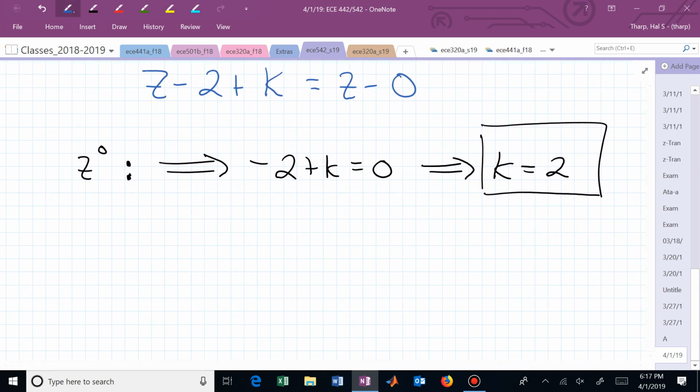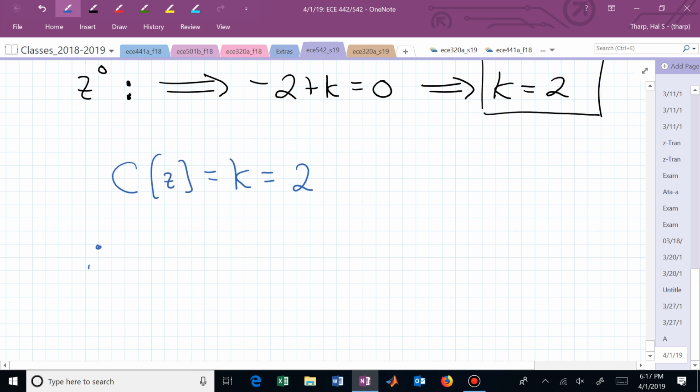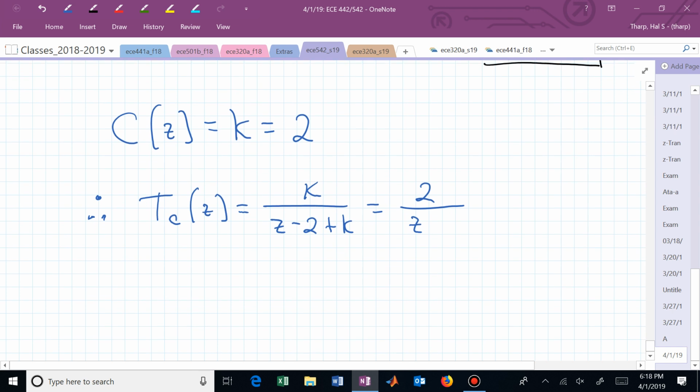And what's our controller look like? It's still just a gain. It's still just k, but now k is 2. And what's our closed loop transfer function now? It was k, which is 2, over z minus 2 plus k, over z.